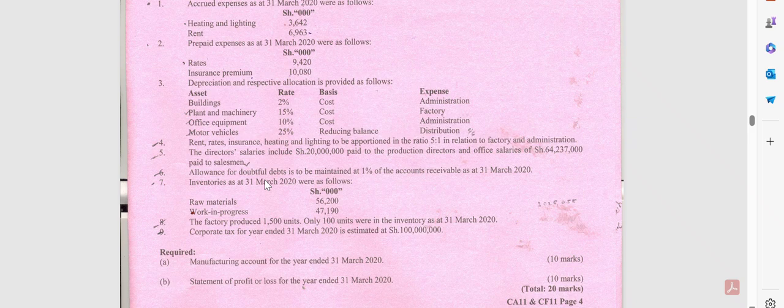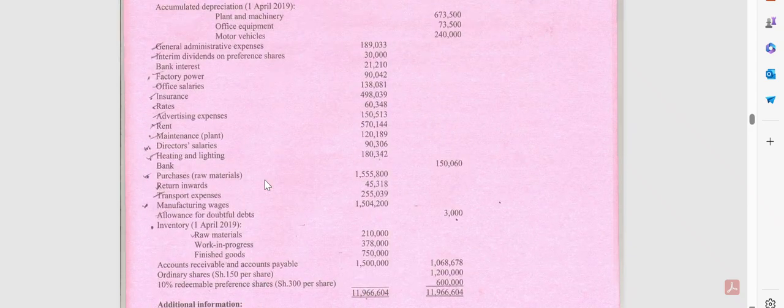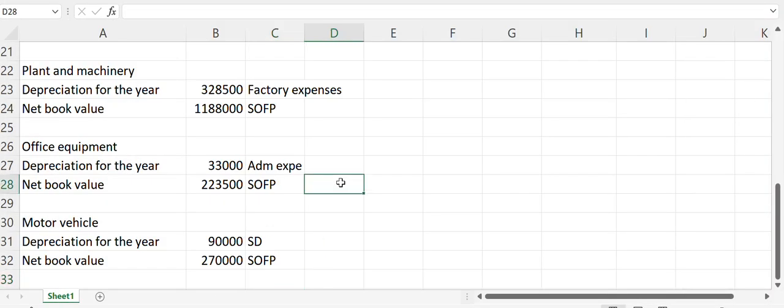So we are going to open an account called director salaries, and these are expenses. So let us go to trial balance to check whether we have director salaries. Here it is. So director salary, here it is, and the figure is 90,306. Remember the figures here are in thousand. So this is like 90,306,000.